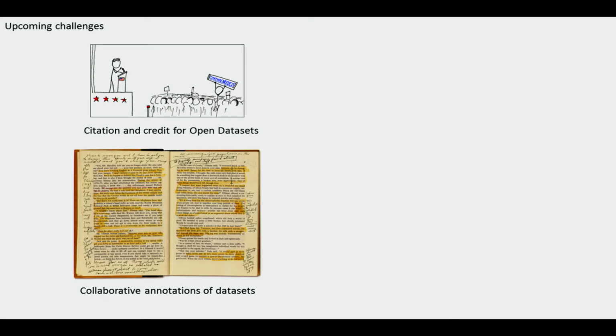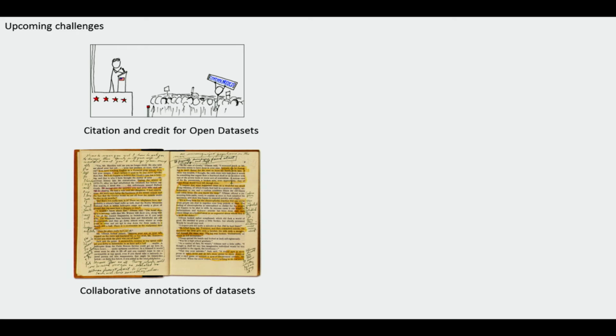When we integrate several data sets together, it's also a question of how you give credit to the various data sets that have been used for the integrated view. I'm almost done.